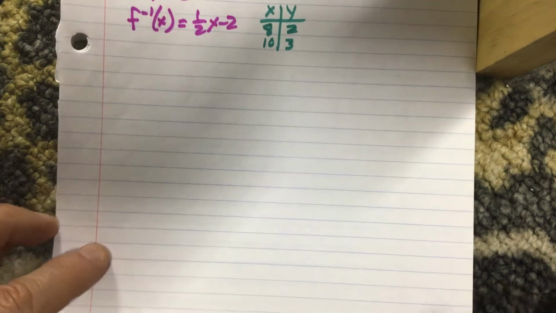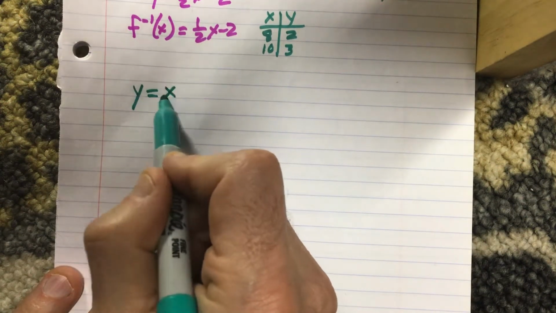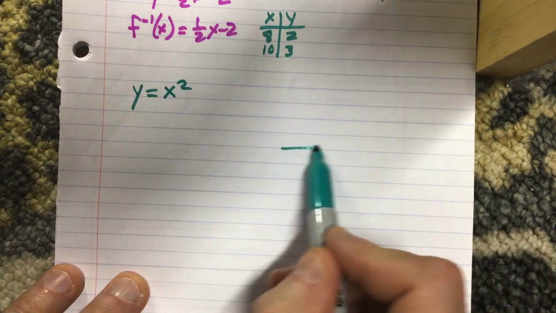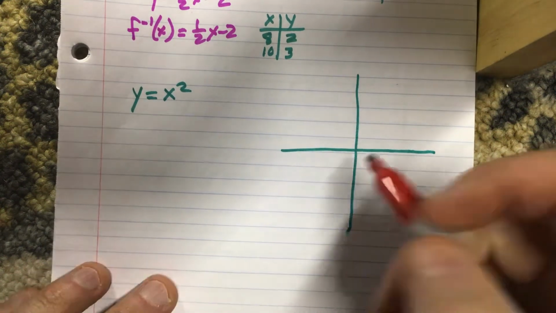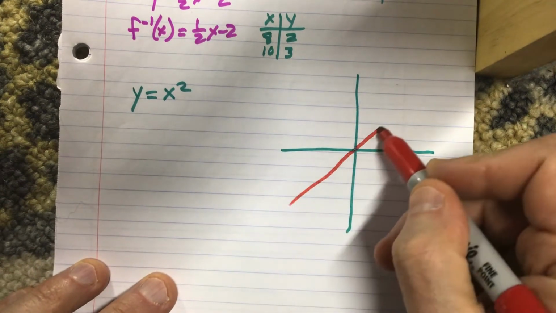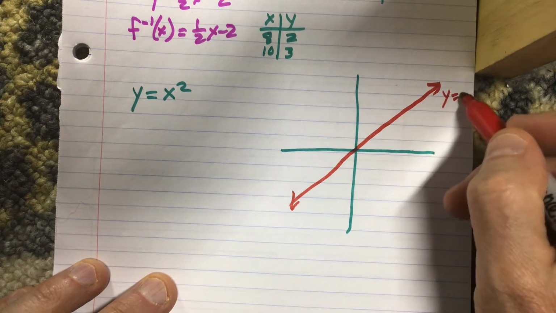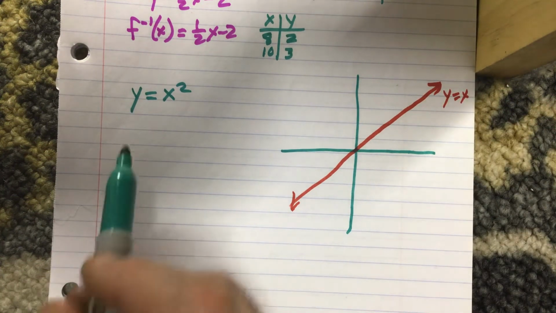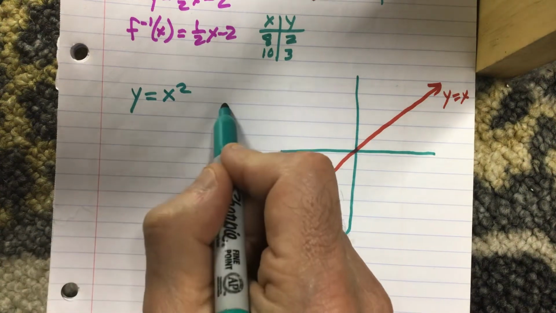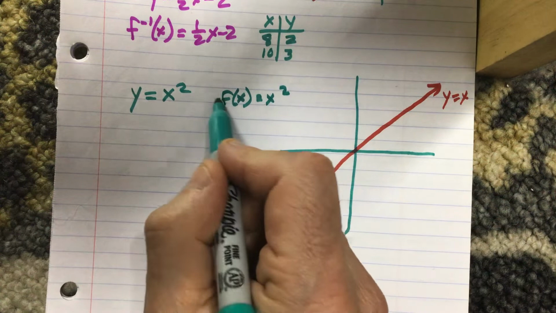So we'll start with one that we know, y equals x squared. It's a very basic quadratic function. Let me draw this line again. This is y equals x cutting through the center. So it'll be the mirror image over this. Again, I'll write this also as f of x equals x squared, same thing.